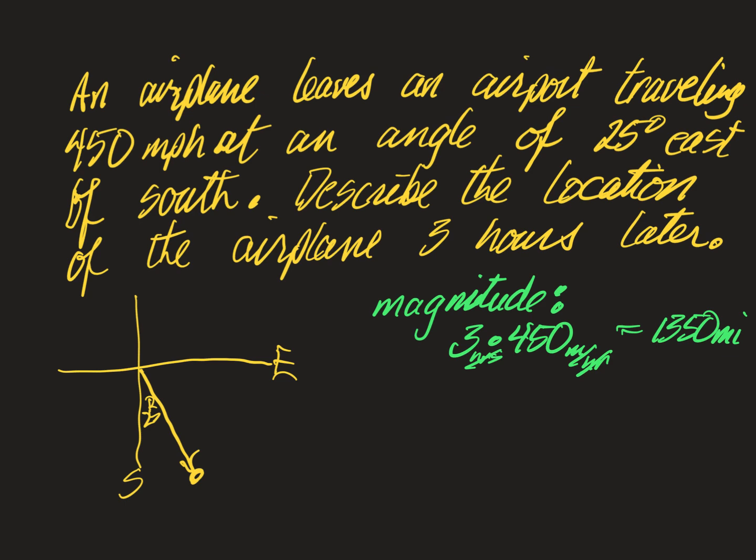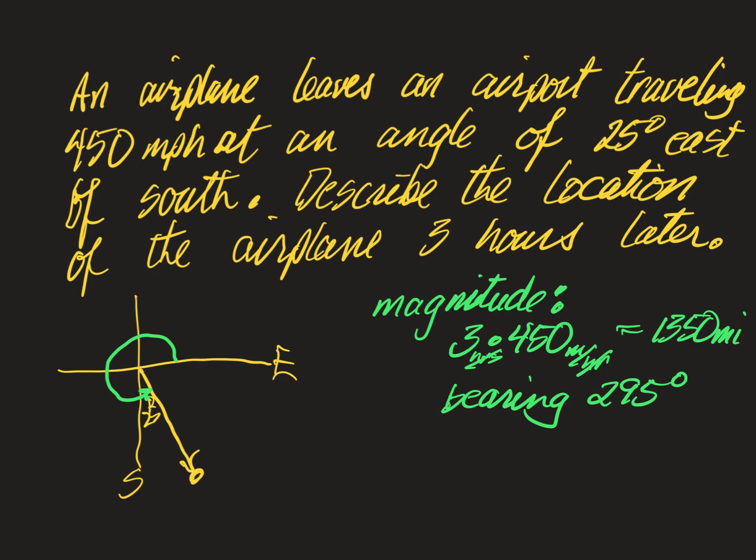And then the bearing, 25 degrees east of south, that's going to be 270 plus 25. So it'll have a bearing of 295 degrees. 25 plus 270. Okay?